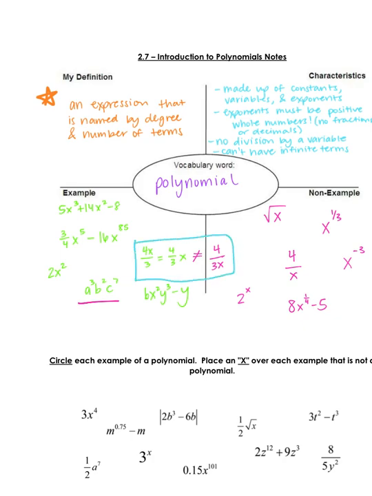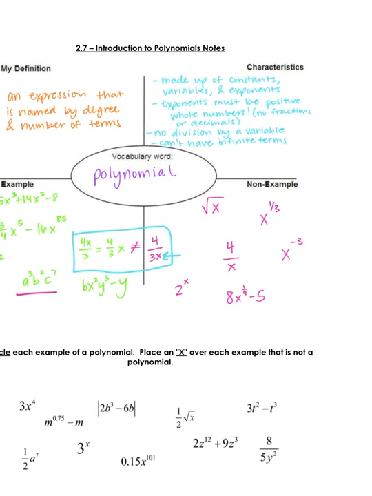If you have 4x divided by 3, that's the same thing as 4 over 3 times x. Those are both polynomials. However, if it was 4 divided by 3x, that is not a polynomial because this x is in the denominator. So please be very careful when you're looking at those.